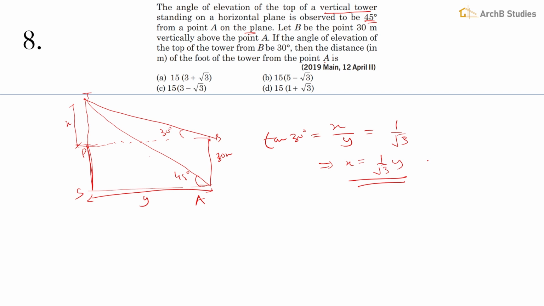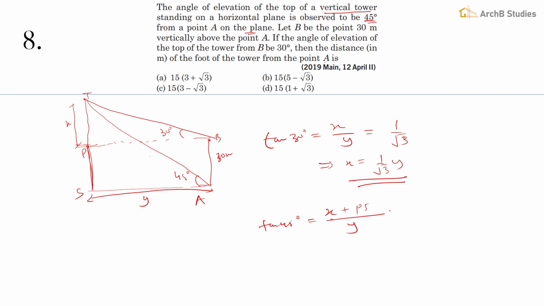Now in the triangle TSA, tan 45 will be x plus PS upon y.